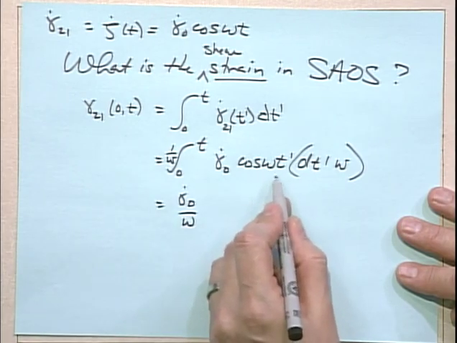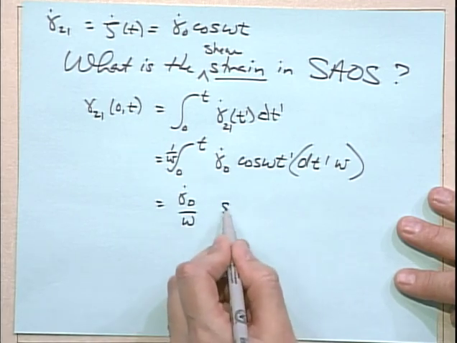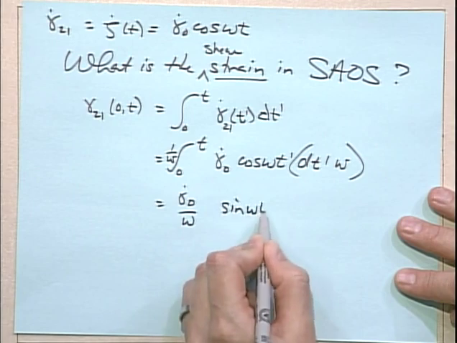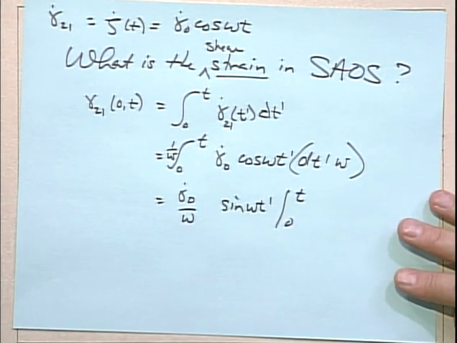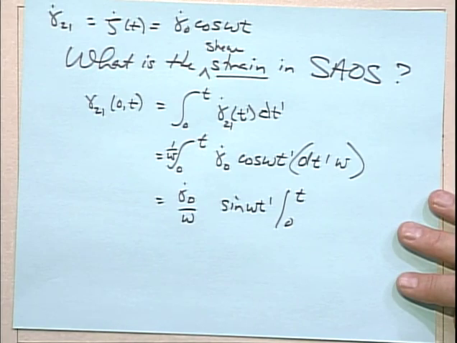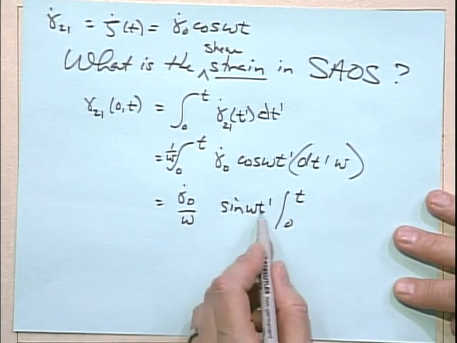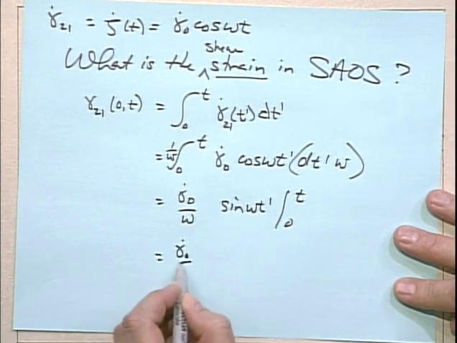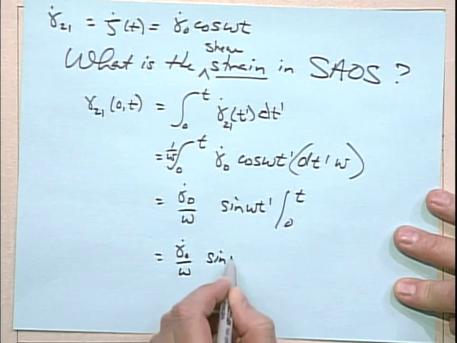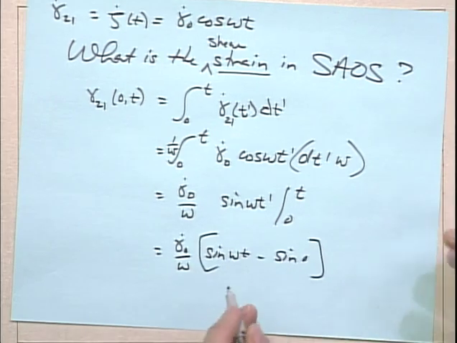Integral of cosine of u du is sine of u. Derivative of sine is cosine, so that works. Evaluated from 0 to t, the sine of omega t stays, minus sine of 0, which is 0.